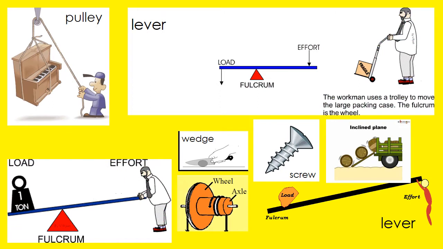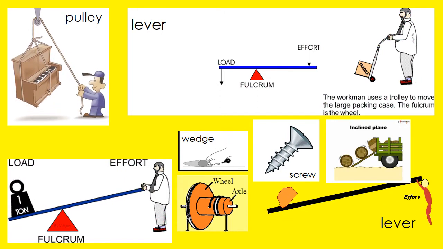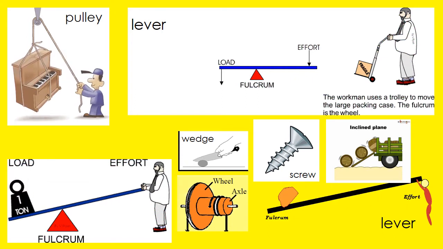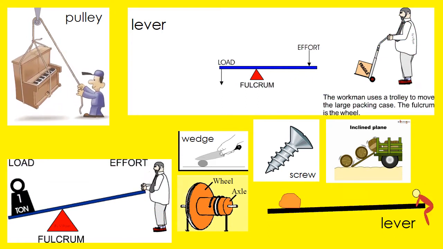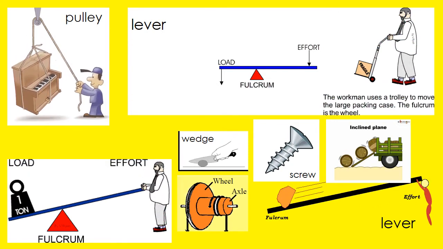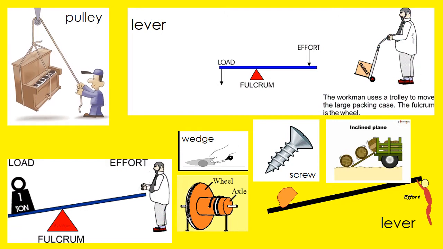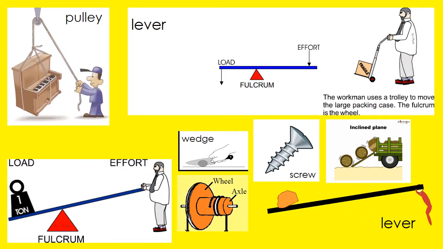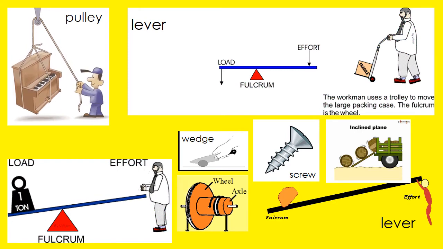And here's another lever. What is the load in this picture? Point on the load. That's the load, right? That rock stone looking thing. And where is the effort? There. Yes, the person's the effort. Where do you think the fulcrum is?